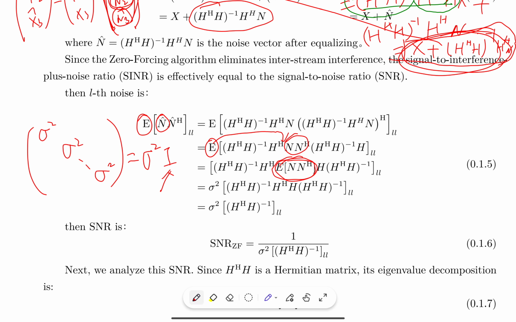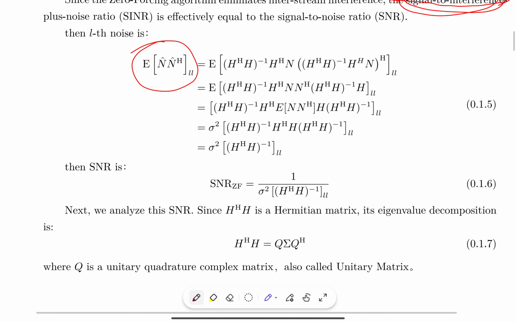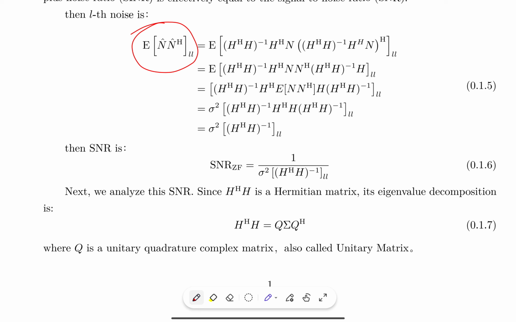Now we eliminate the noise expectation and get the final expression. These two terms can be cancelled, so we finally get this one. This is the noise power. We assume the signal power is 1, so the SNR is 1 over sigma square. I mean this one.